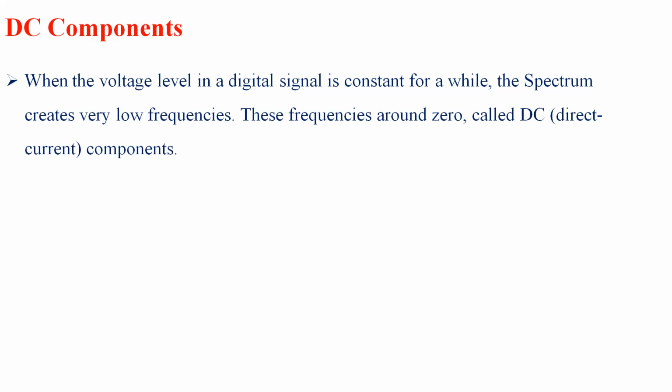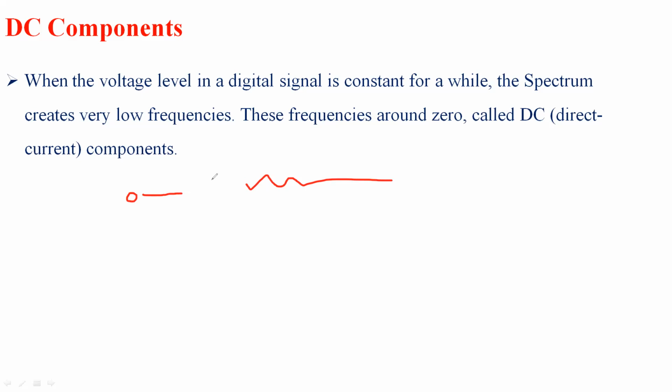What actually is a direct current component? Sometimes the current fluctuates, right? The voltage level is not always in the same flow. But at some period of time the voltage level is constant, around zero.